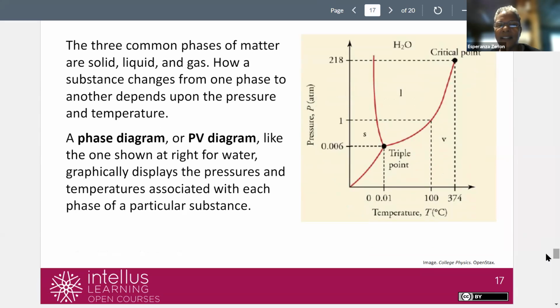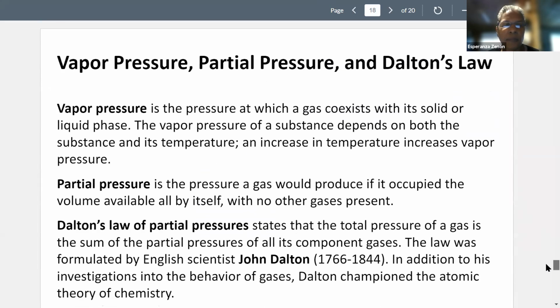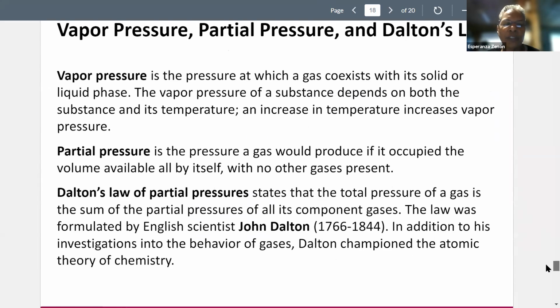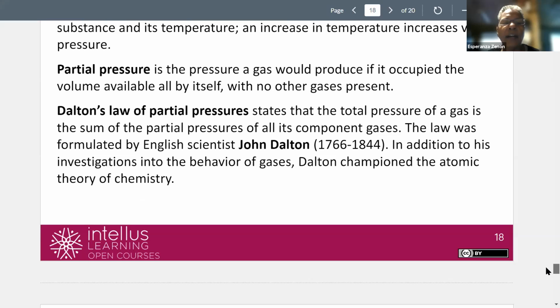And you can see here this idea of the triple point. They're talking about the triple point. That is where you have solid, liquid, and vapor phases, solid, liquid, gas, existing in all three phases simultaneously for water. Dalton's law, we don't need to get into that either.